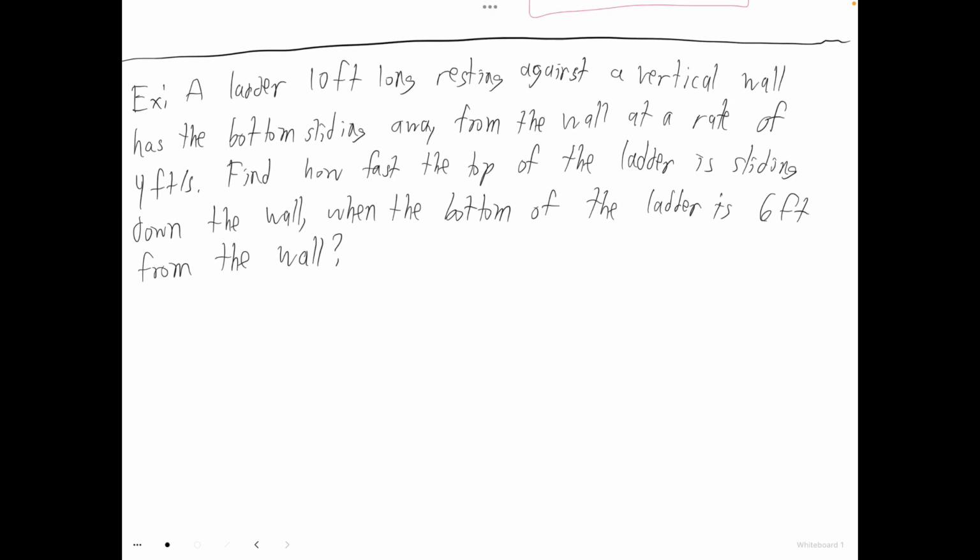Okay, and so in related rates questions, it is helpful to actually draw a picture of the situation. So let's draw a picture of what is actually going on. And so what we have here is this ladder, and we know the ladder is 10 feet long, so the length of the ladder is going to be 10 feet.